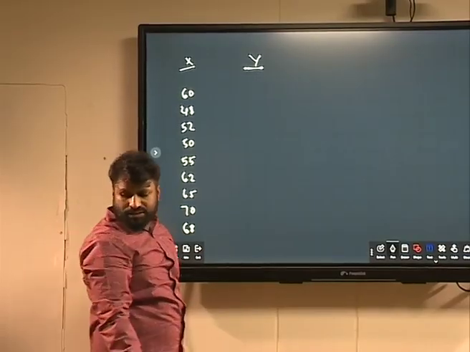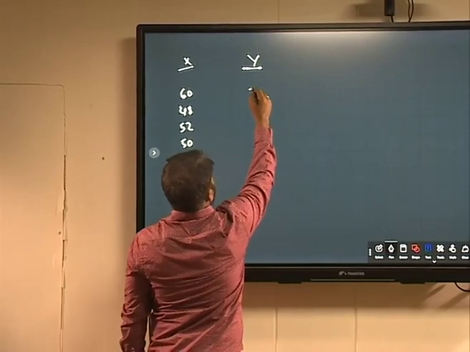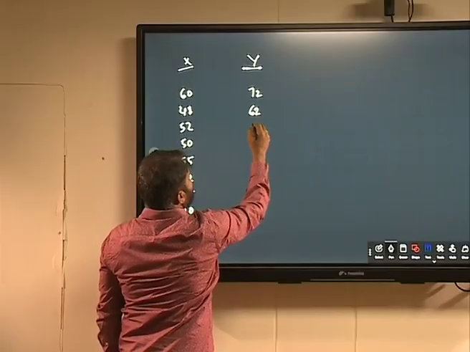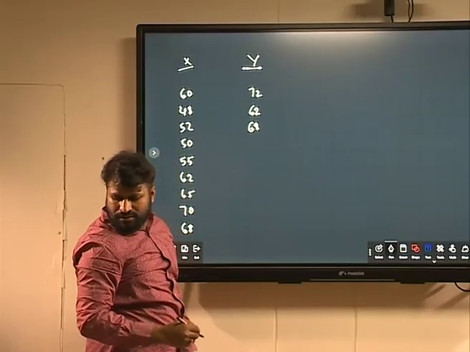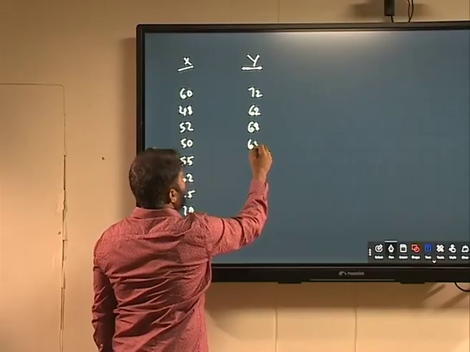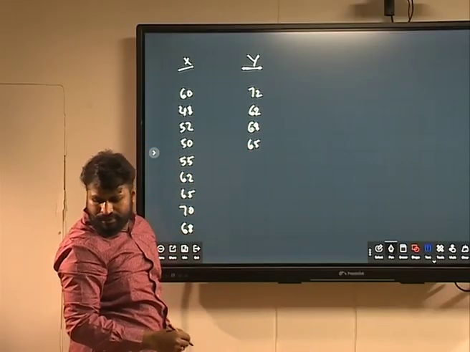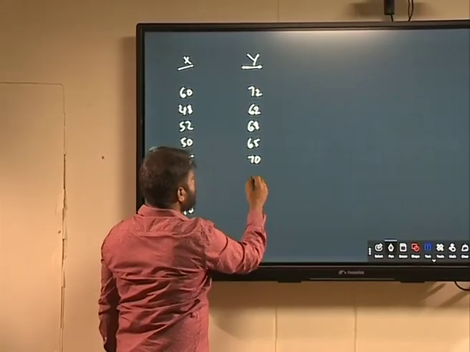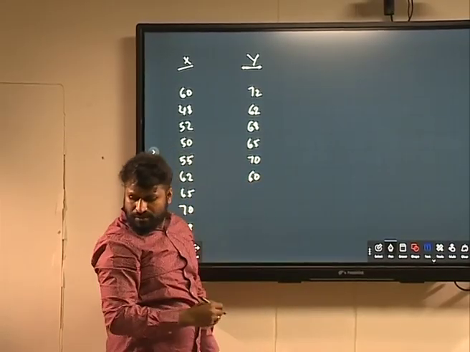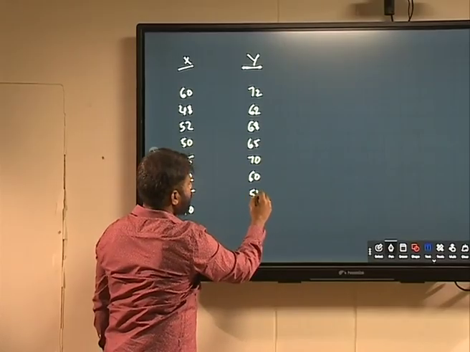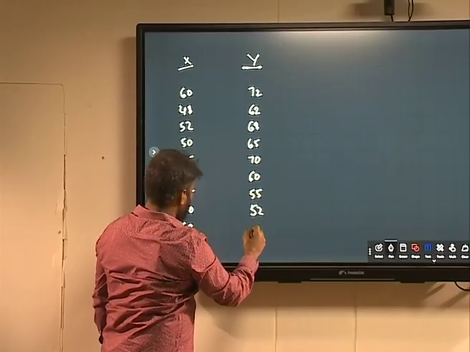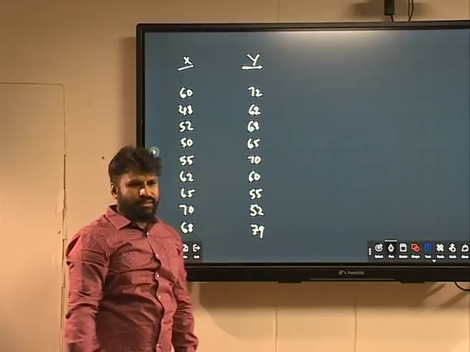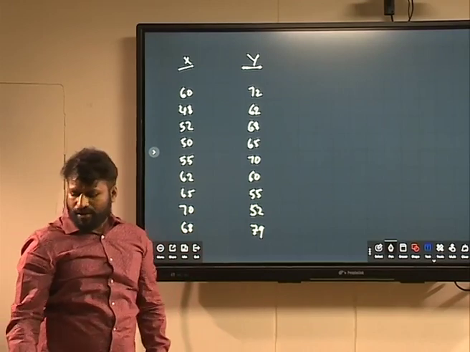Now the variables of y are 72, 62, 68, 65, 70, 60, 55, 52, 79. 9 variables, na? Yes, 10 variables. So this is the problem.